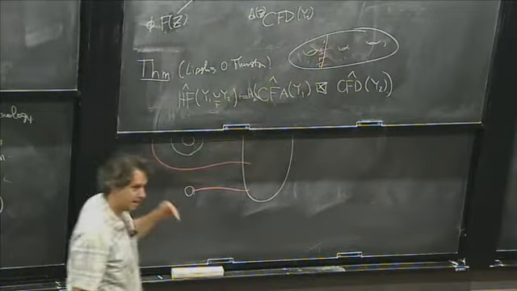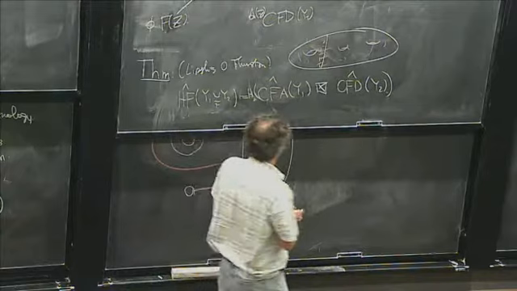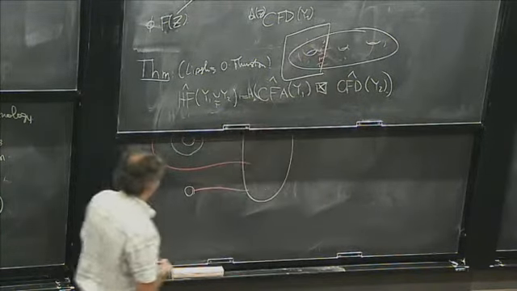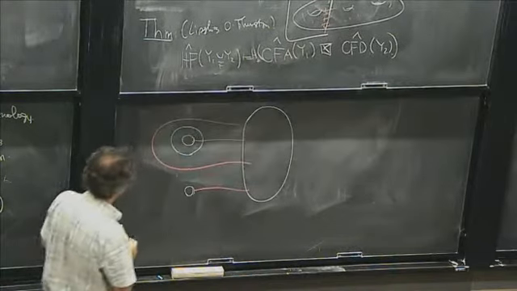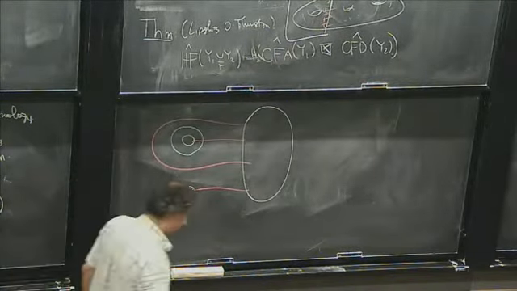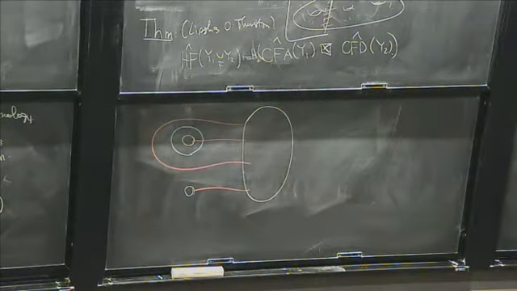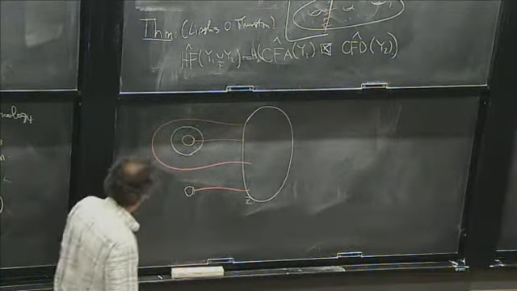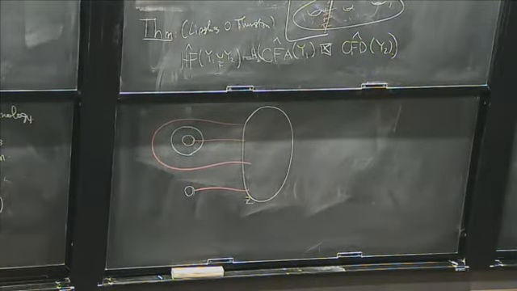And there's the following theorem, which says that the Heegaard-Floer homology of Y1 union Y2, split along a surface F, is the tensor product of the right module associated to Y1 tensored with the Floer homology of the other piece.